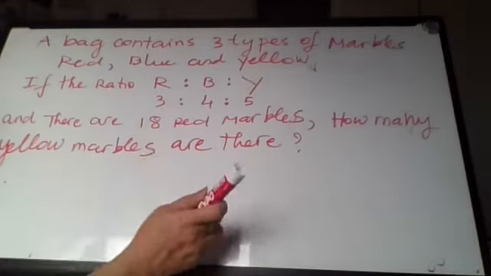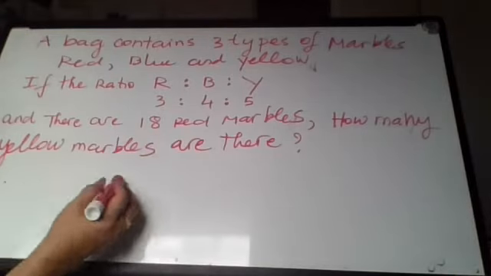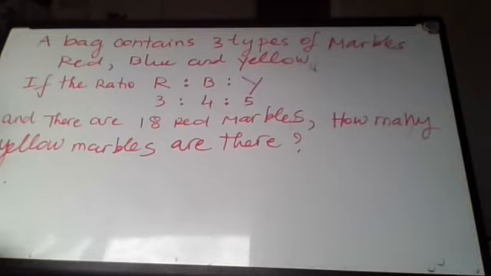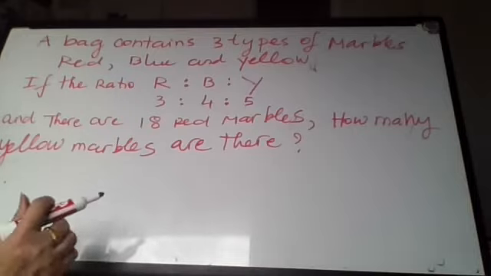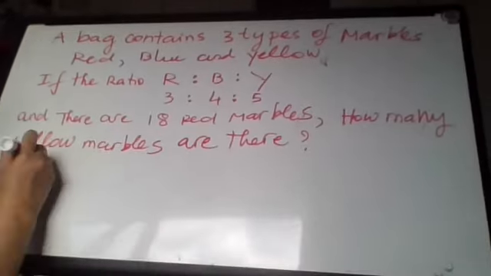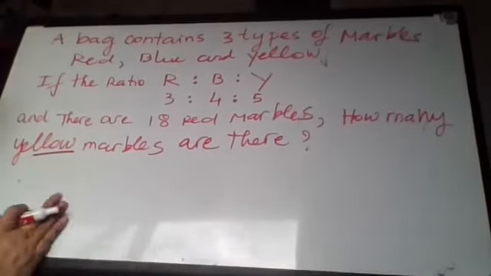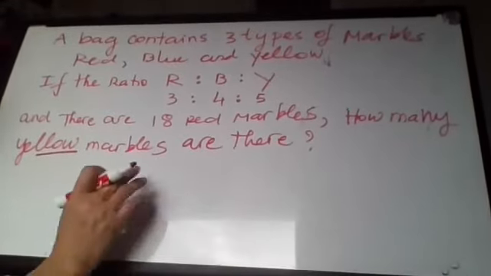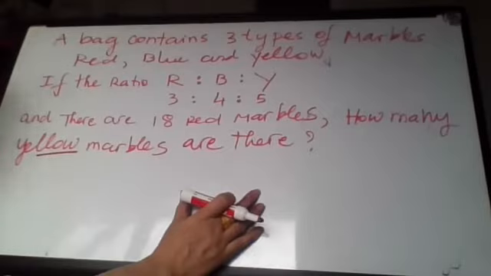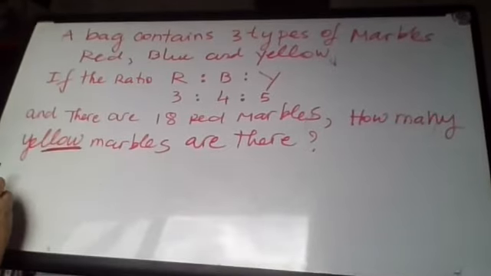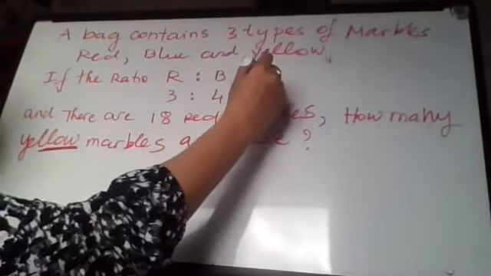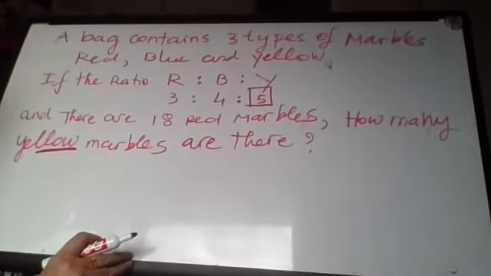Now, let's pick up any number we can put in the setup. The question asks for yellow. It means you have to have yellow in your fraction, because they ask for yellow. So this number 5 has to be in your equation.